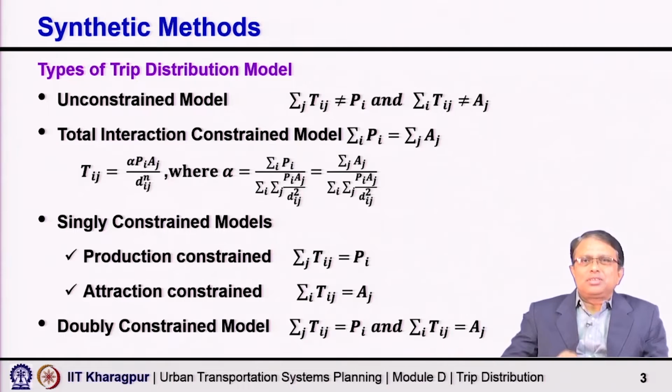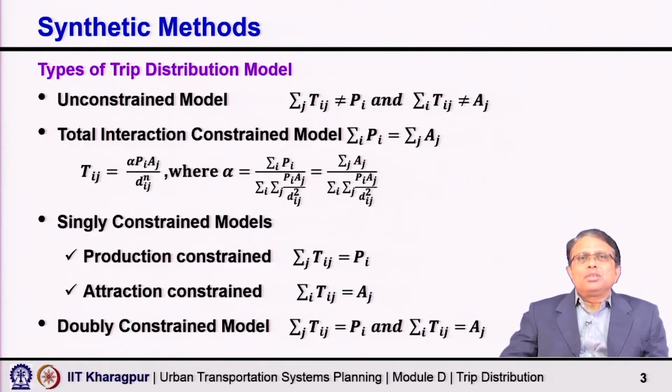So, you take the cells of a trip distribution matrix, add all the cells in a row, that should ideally give the production. That constraint will not be satisfied automatically by the model. Also the attraction constraint: if I take a column in the trip distribution matrix and add all the cells in the column, that may not give you A_j automatically, based on the model form or model equation.